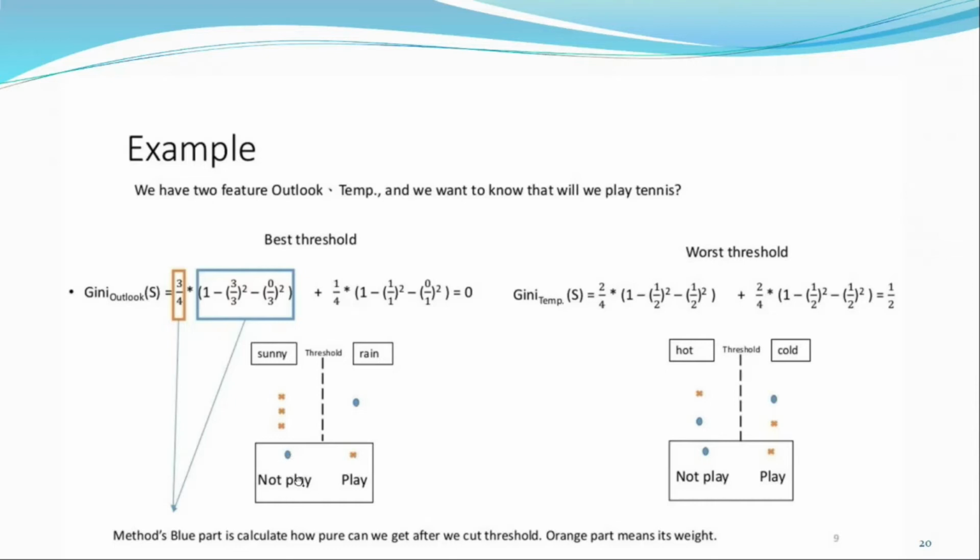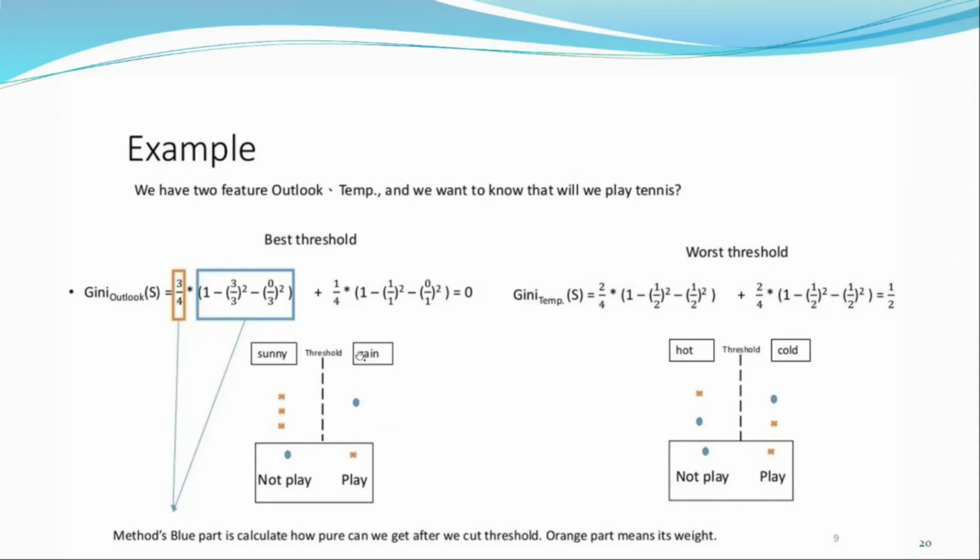Not play is represented as a blue dot and play is represented as a yellow cross. For the attribute outlook, we have two values: sunny and rain. Here from figure 1, we can see that for sunny we have 3 data points and all 3 are play. And for rain we have only one data point, that is not play.